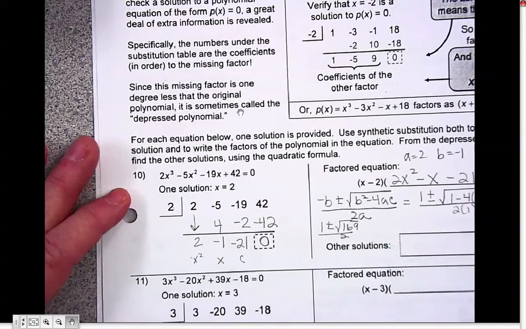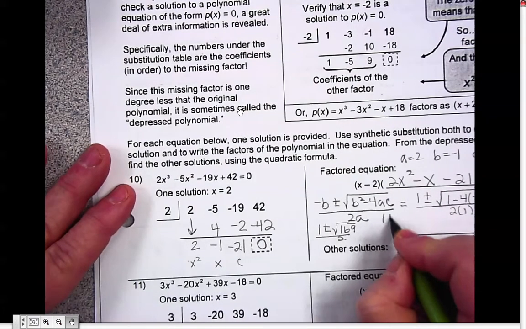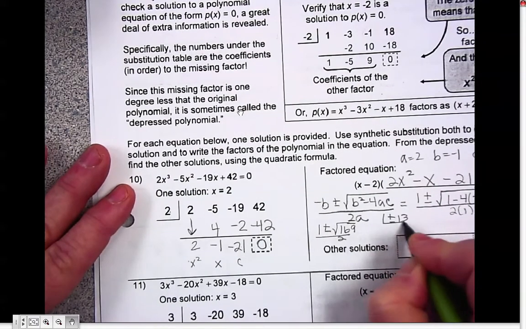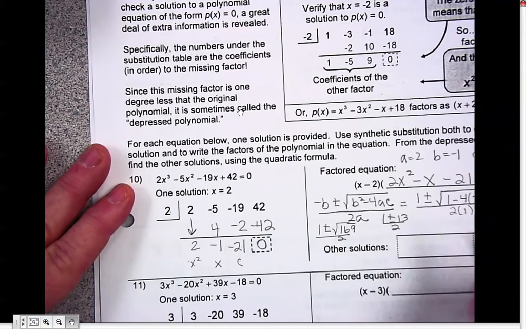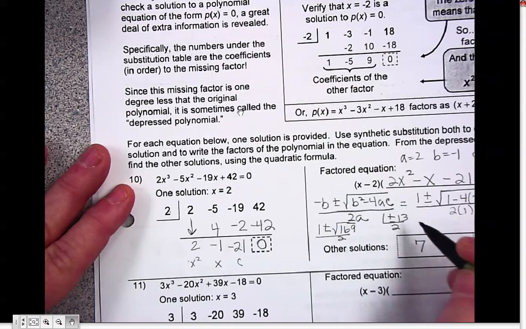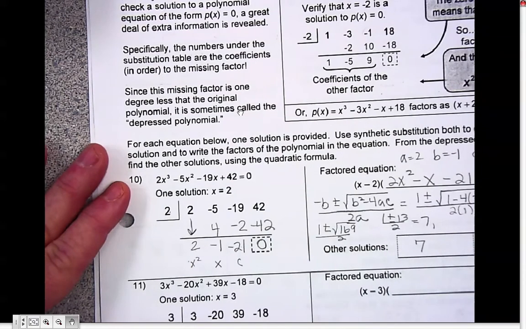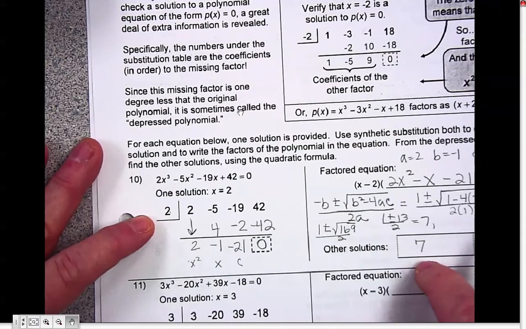Root of 169 is 13, so this is 1 plus or minus 13 over 2. 1 plus 13 is 14. 14 divided by 2 is 7. And then 1 minus 13 is negative 12, and negative 12 divided by 2 is negative 6. Okay, so the solutions are 2, 7, and negative 6.